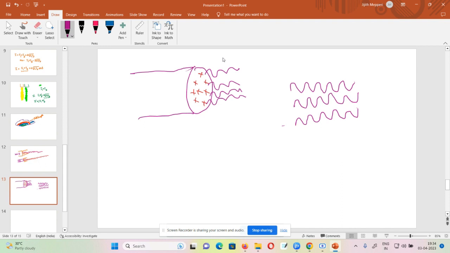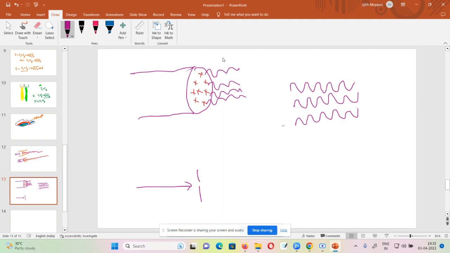Now the question is how we practically measure this. In order to measure spatial coherence, I want to do some interference experiments with these spatially separated beams. So I have to split these beams and make them interfere.